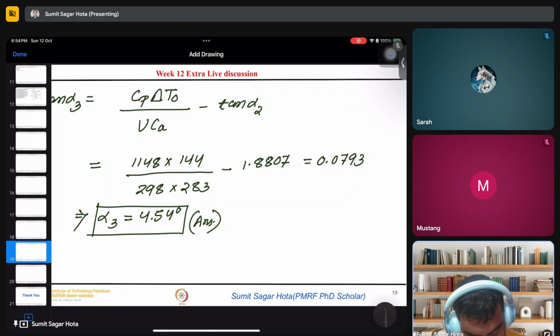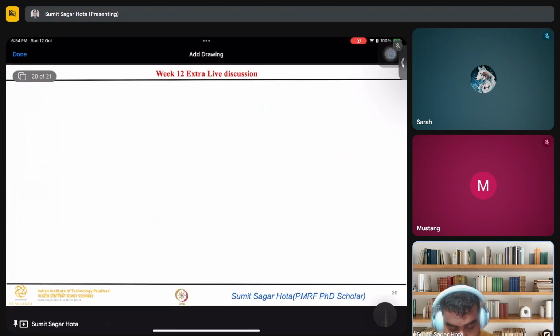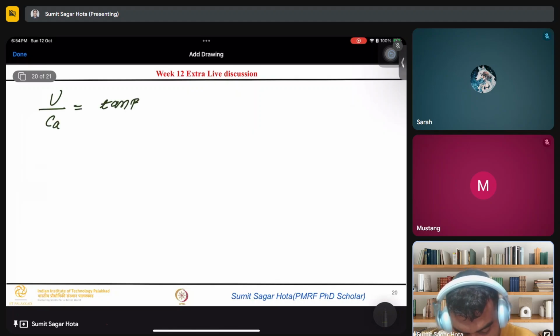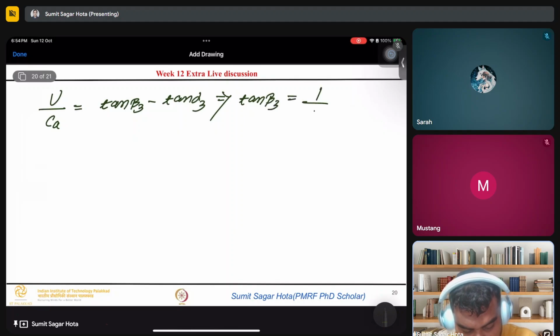Similarly, you can calculate beta 3 from the well-known expression relating beta 3 and alpha 3, which I already told you: U by Ca is equal to tan beta 3 minus tan alpha 3. So tan beta 3 is equal to 1 by 5 plus tan alpha 3.